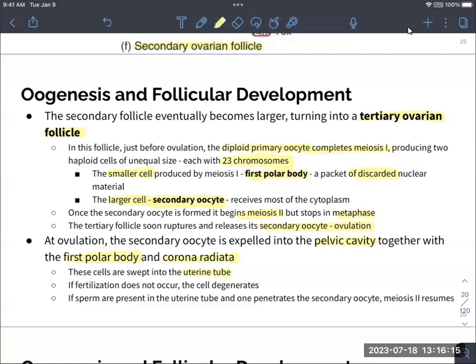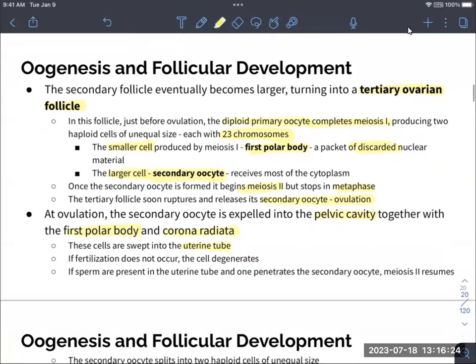If fertilization happens, a sperm is able to penetrate into that secondary oocyte. That secondary oocyte is going to finish meiosis 2 after that sperm has already penetrated it. So before anything else can happen, that secondary oocyte will finish out meiosis 2.